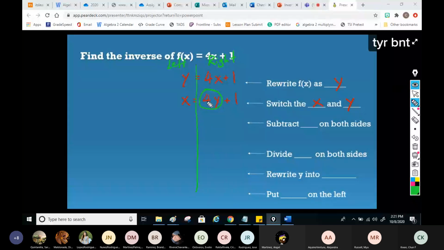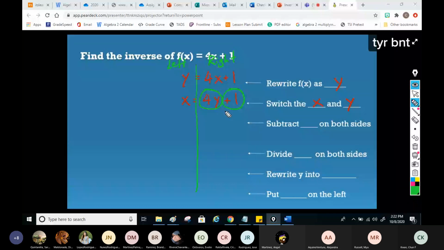This 4 and y, they are one term, all right? Don't look at them as two things. They are one thing. This is one term right here. The 4 and the y, they are together. And then the plus 1 is also another term. So the sign is included. So you have two terms right here.